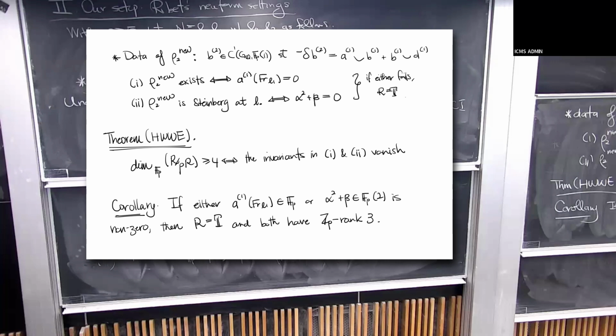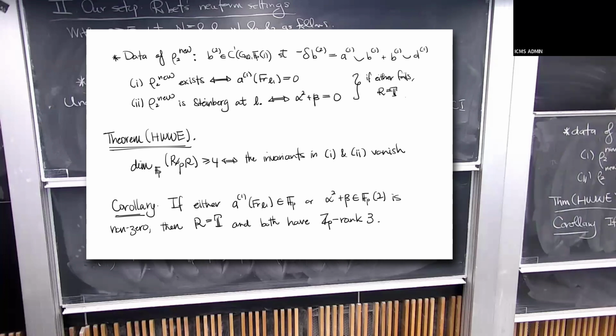I'll talk about this a little bit at the end, but I want to mention now that computationally, we have found that this first condition is always satisfied. That's something I'm currently working on, work in progress, to show that it is true from a theory point of view. So really, it's this alpha squared plus beta invariant that's controlling this minimality condition in this setting.